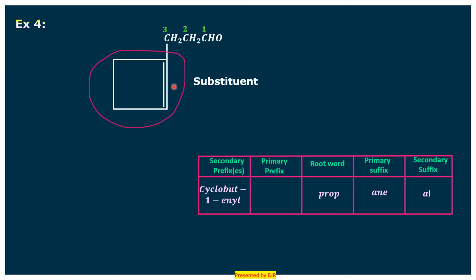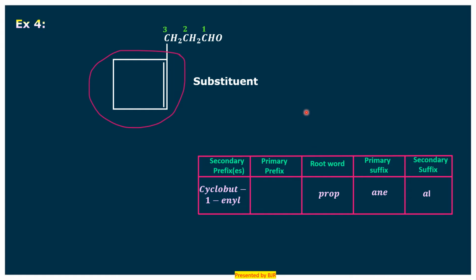The carbon atoms bearing the double bond should be assigned serial numbers 1 and 2, so 1-enyl. We have known that when one hydrogen atom is removed from alkanes, we get alkyl groups.